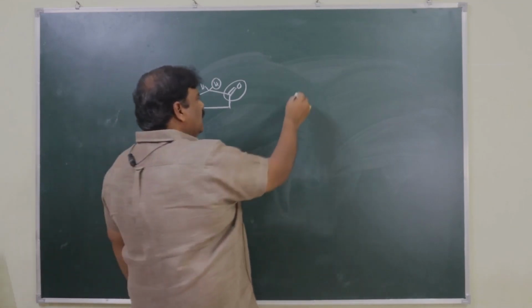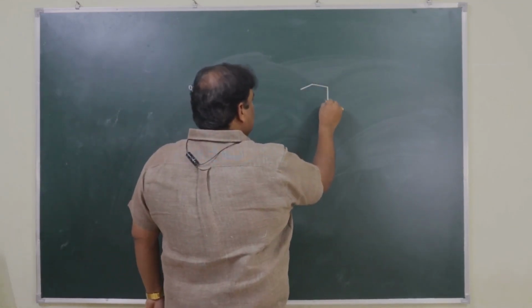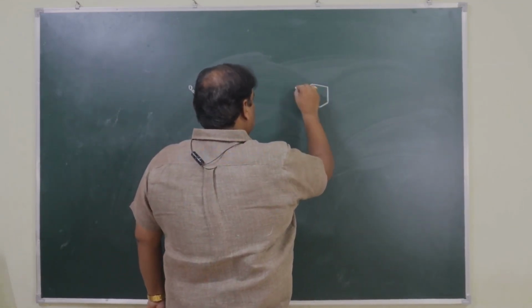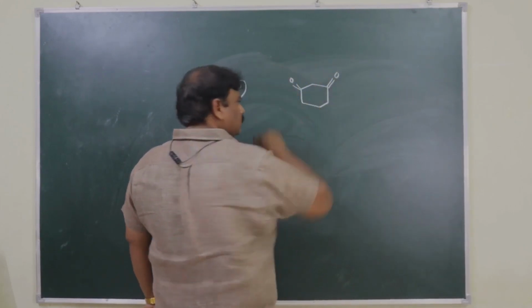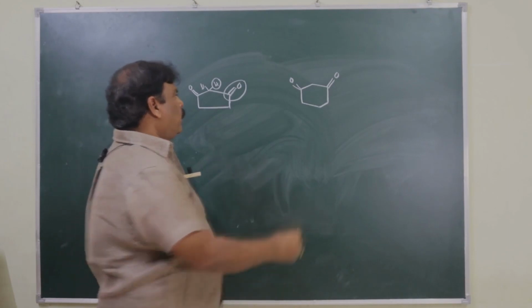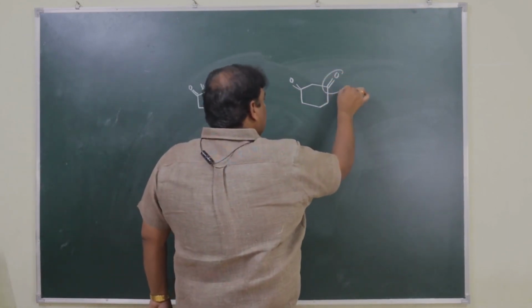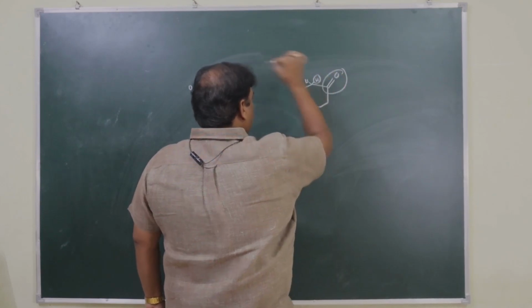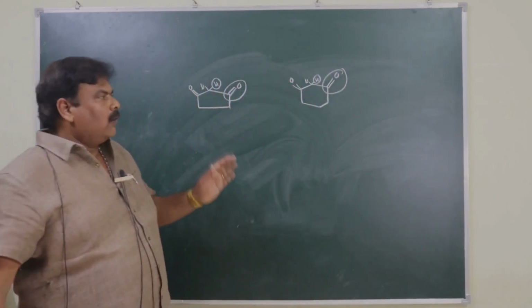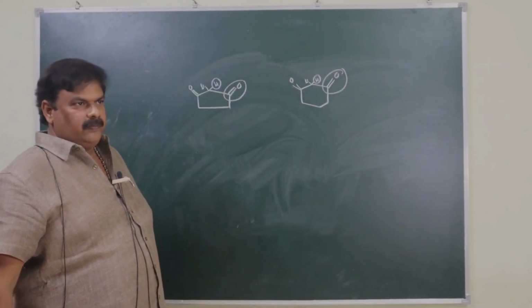Similarly, this is cyclohexane-1,3-dione. It has a polar group as well as alpha hydrogens, so it has tautomers.